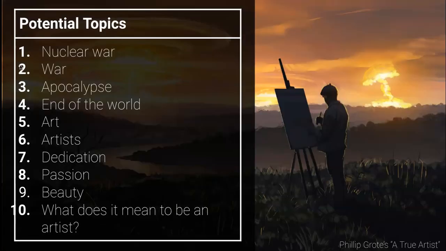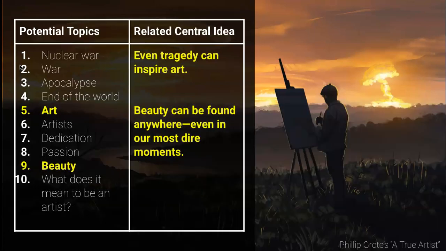So here are some topics: nuclear war, or just war, apocalypse, end of the world, those two mean the same thing, art or artists, dedication, passion, beauty, what does it mean to be an artist? A lot of these topics are kind of very similar. And based on these topics, we can come up with central ideas.